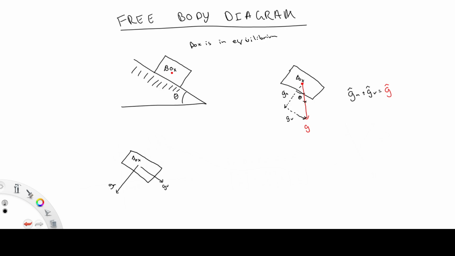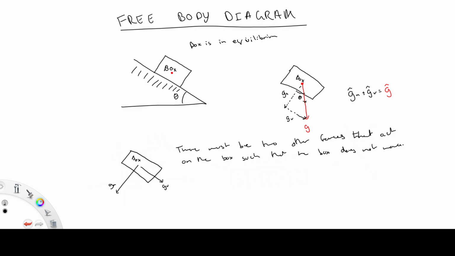The box is not moving. So there must be two other forces that act on the box such that the box does not move.